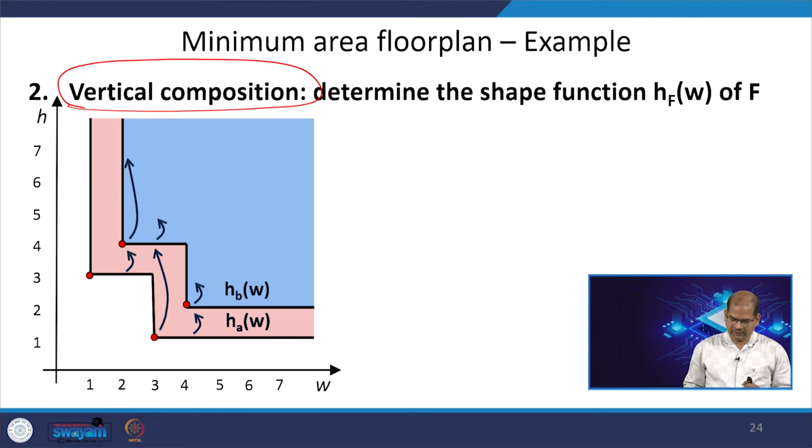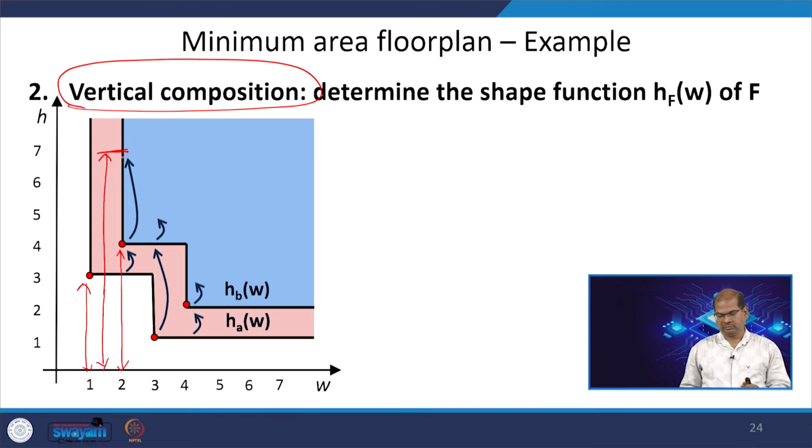Here the height is basically 3 and here the height is 4. If I put one above the other, the height of the overall floor plan will be 3 plus 4, which is 7. It will come somewhere here. So this is the height of my overall floor plan.